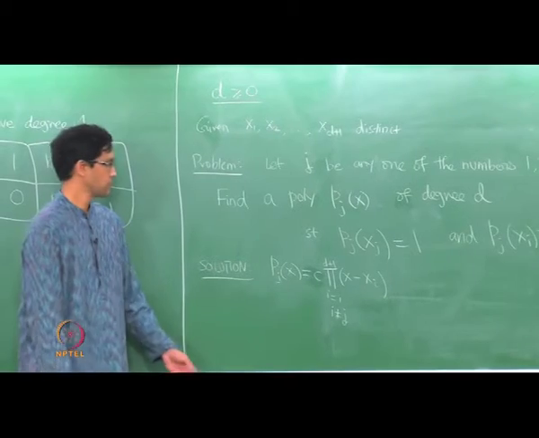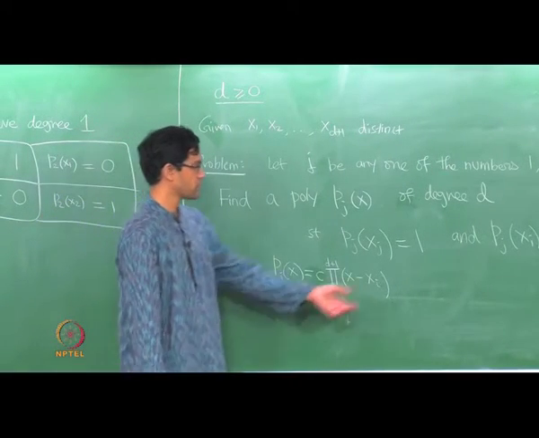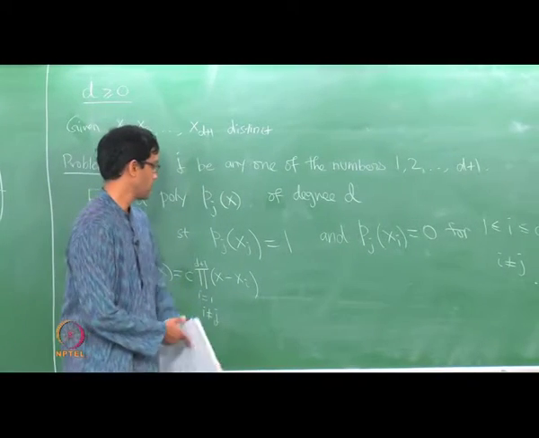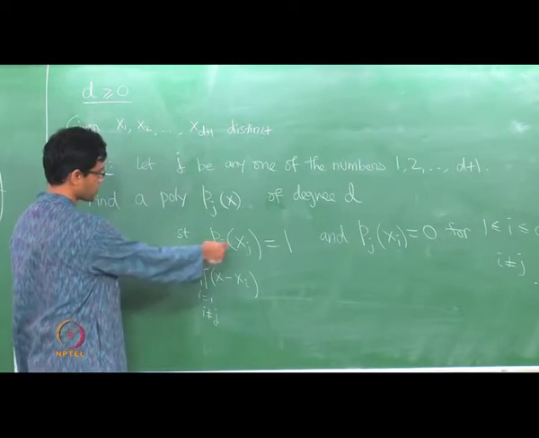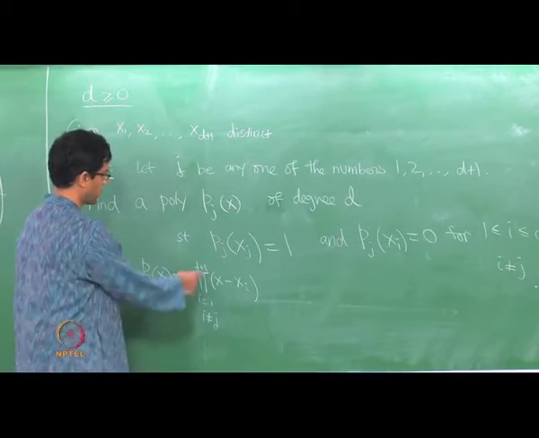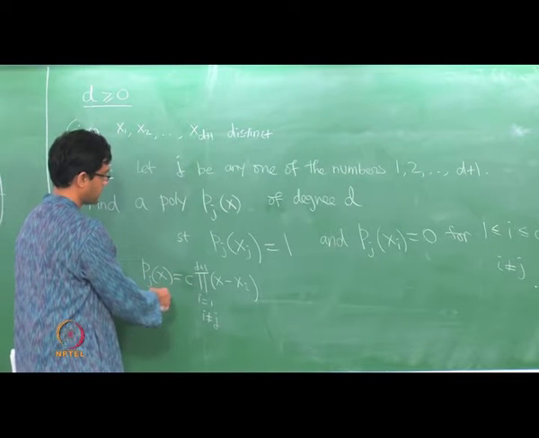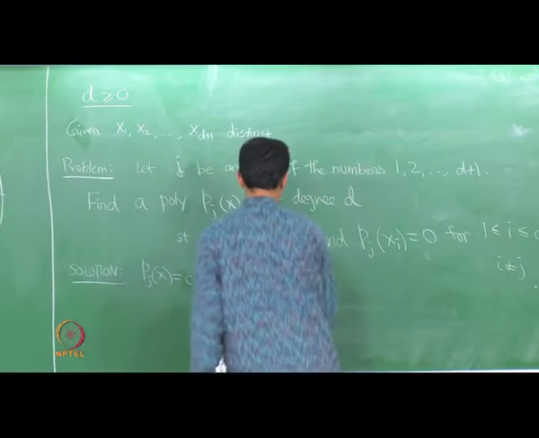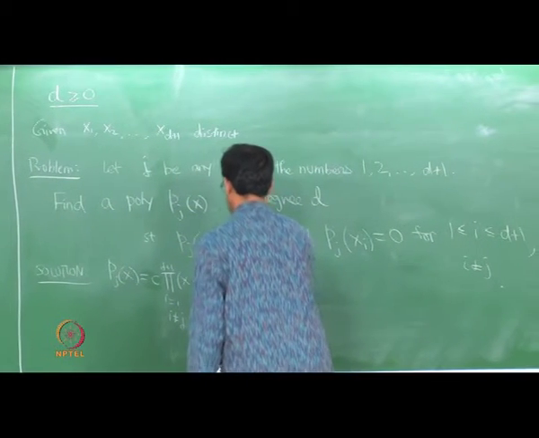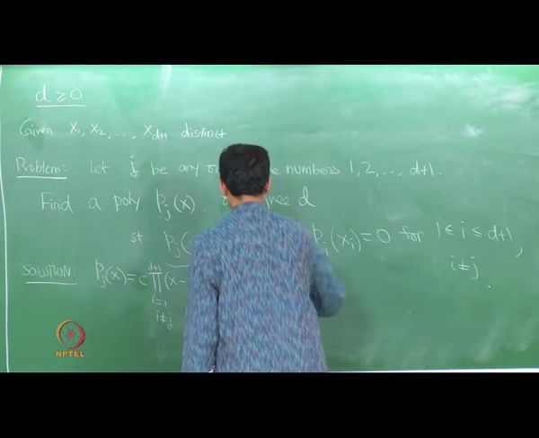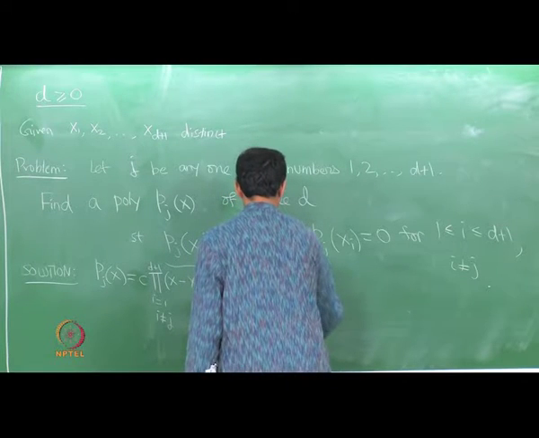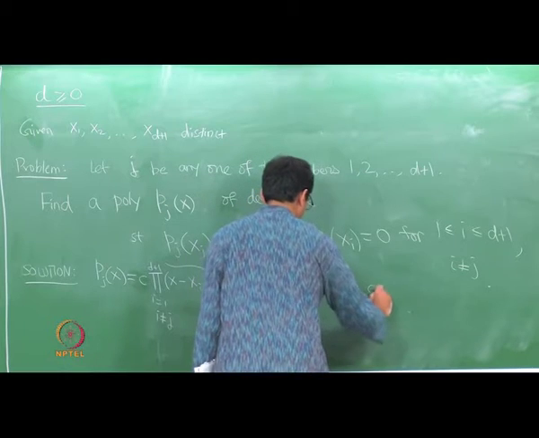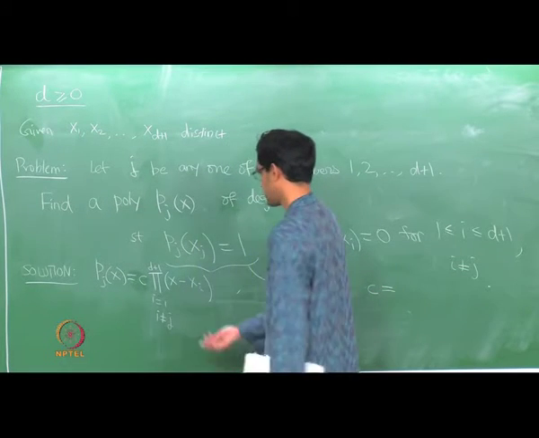Okay. So already we are able to get quite a lot of information just by knowing that here are d roots of this polynomial. And now to find this constant, we use this last piece of information. It says that if you plug in x equals xj, then you should get a 1 on the left hand side. So putting this condition in, this gives us the value of c. Okay. What is the value?